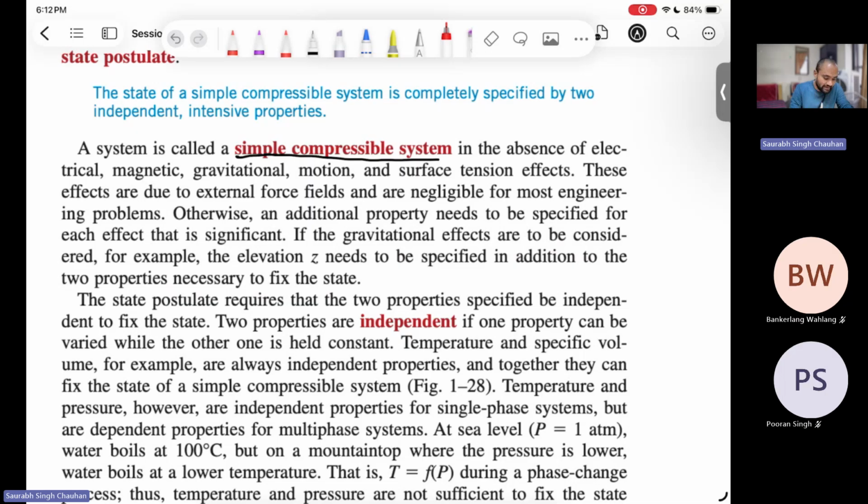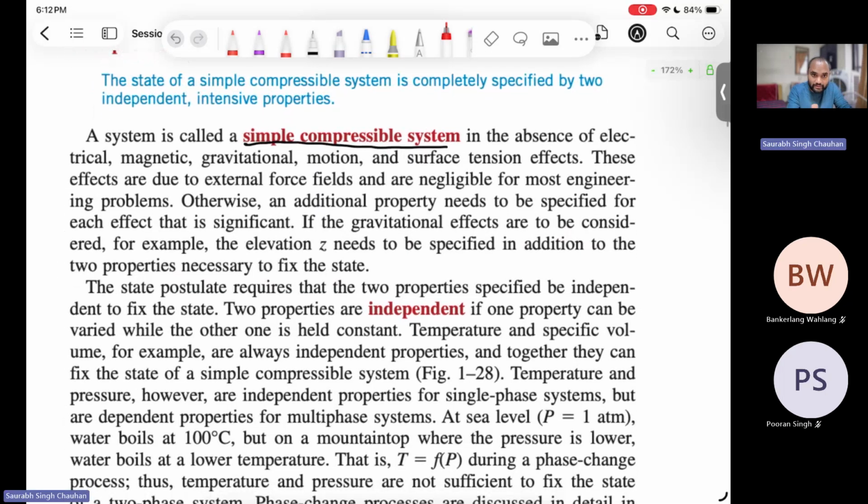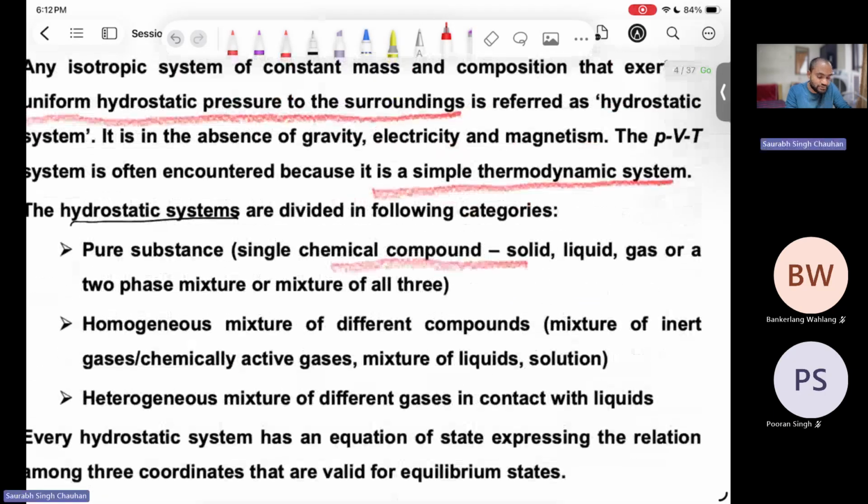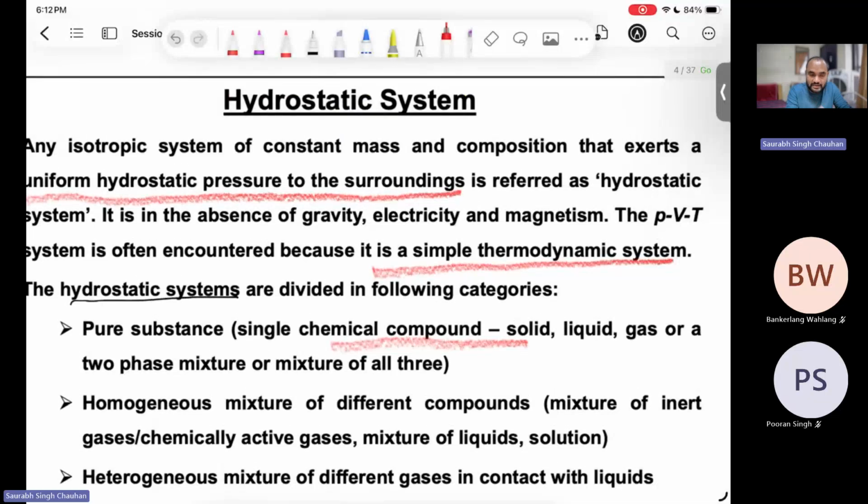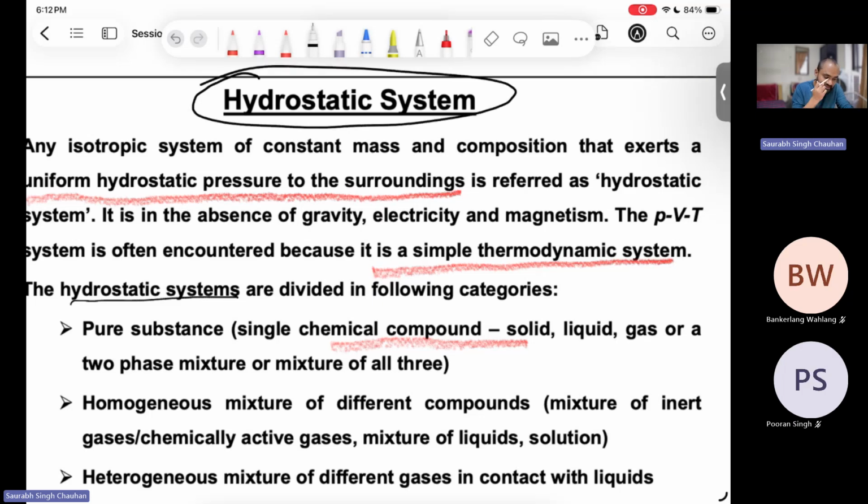I hope you are getting the point of why we are stressing so much the simple compressible system, hydrostatic system, and the Gibbs phase rule. We want to stress that for a simple compressible system, a hydrostatic system, we need only two properties, and the third can be calculated. You should not get confused by the term hydrostatic system.